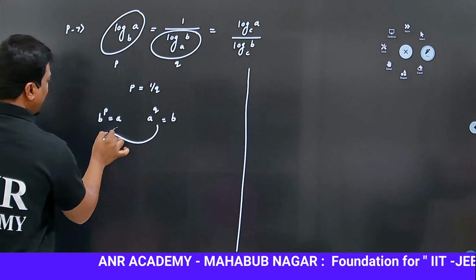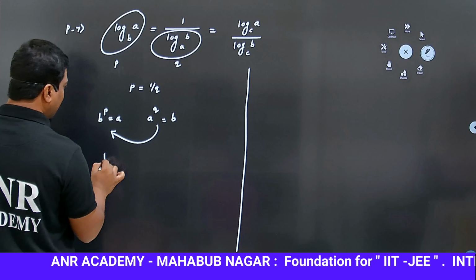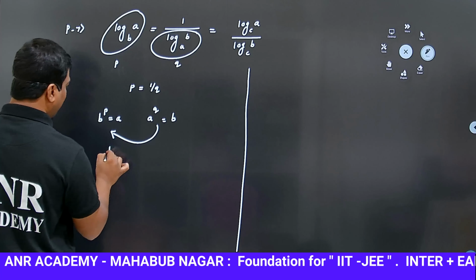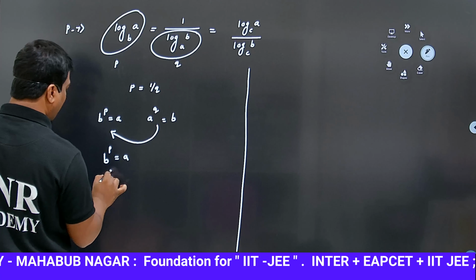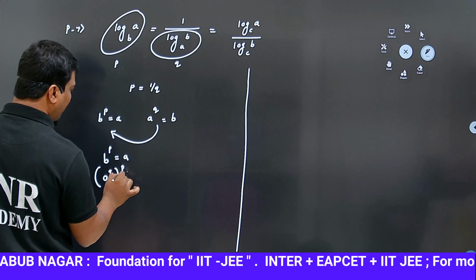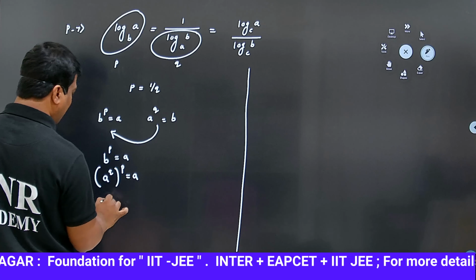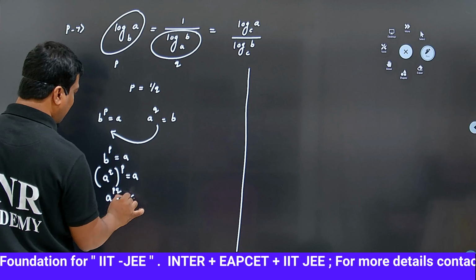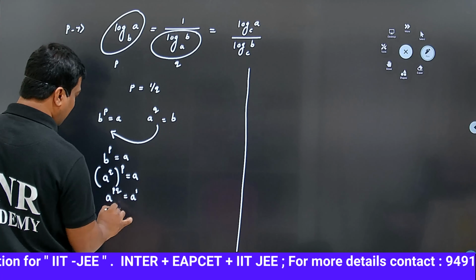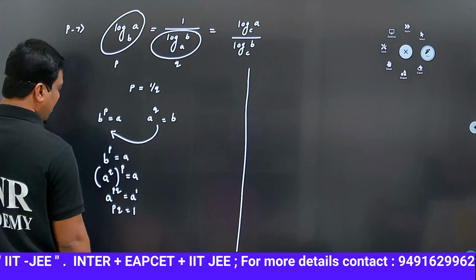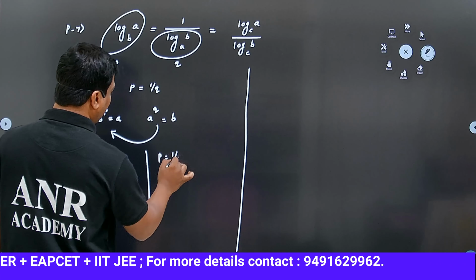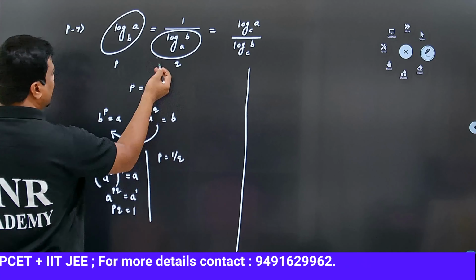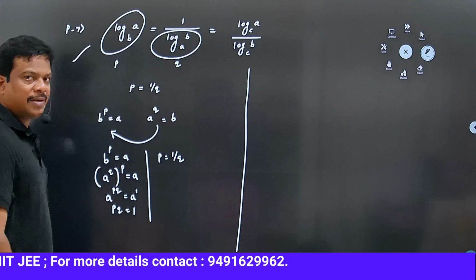Substitute the value of b: a power q whole power p equals a, implies a power pq equals a power 1, and hence pq equals 1, so p equals 1 by q. Yes, this is the property.